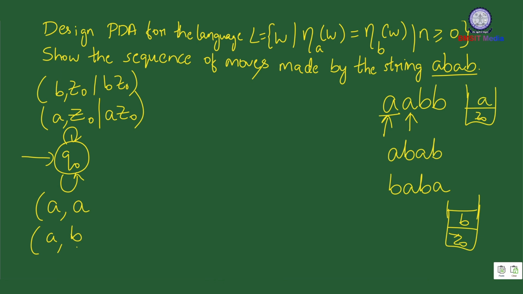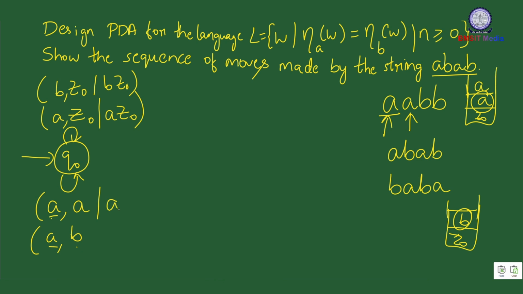So we can see there are two conditions. You are reading A as the input symbol, but either you can have A in the stack or B in the stack corresponding to these examples. So if that is the case, what will you do? A means same symbol. If it is the same input symbol and same stack symbol, you need to push that into the stack.